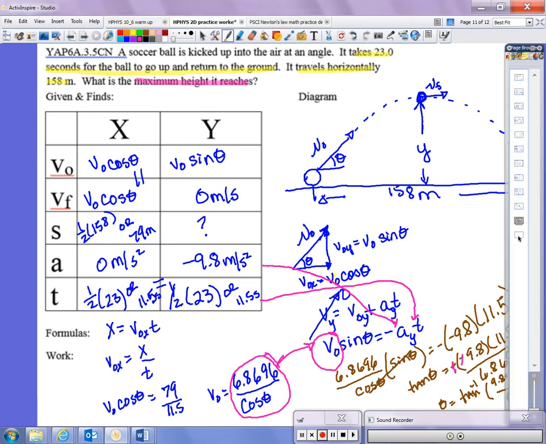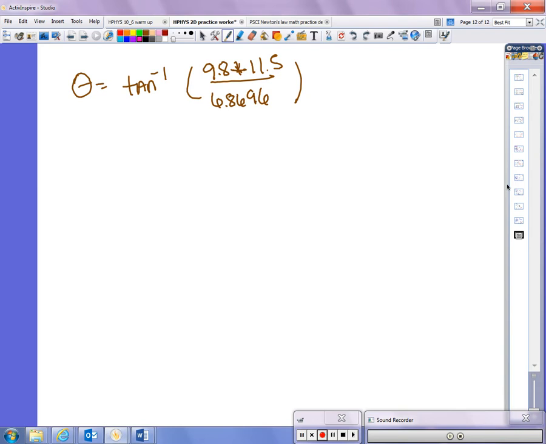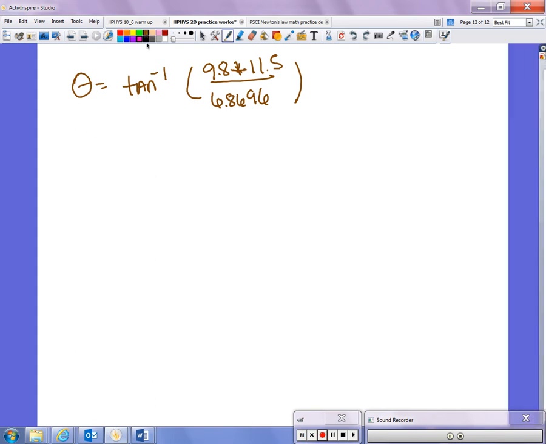Let's do the math. So we take the inverse tangent of 9.8 times 11.5, and we divide by 6.8696, and we get theta equal to 86.51.